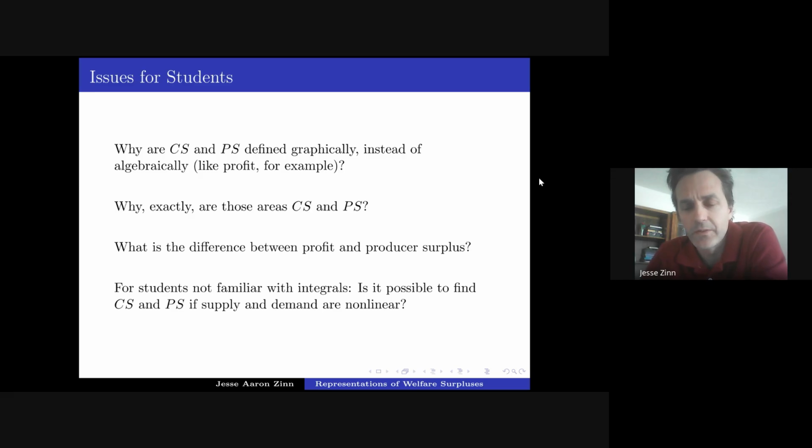Students who don't know what an integral is, every time they see consumer surplus and producer surplus and have to calculate it, they're using the area of a triangle, or maybe a trapezoid in other cases where there's some kind of market friction. That's another thing students might wonder about. We'll address all these issues with what I'm going to be going over today.